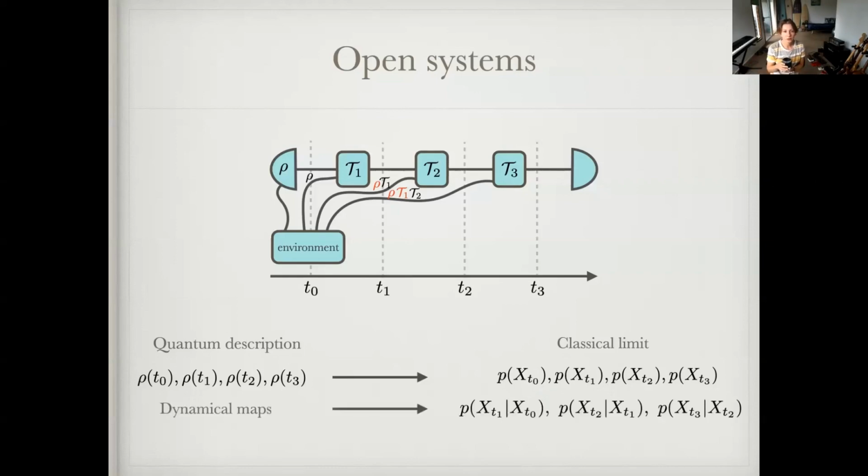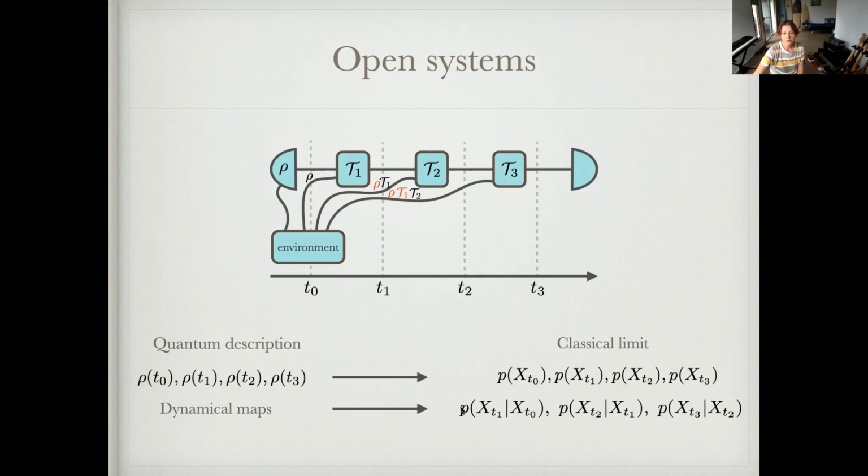Another description of this open system would be through dynamical maps. In this description, the whole process is regarded as a dynamical map that maps the state from here to here, and from here to here. So in every step, you have a different map that maps the input to the output state.